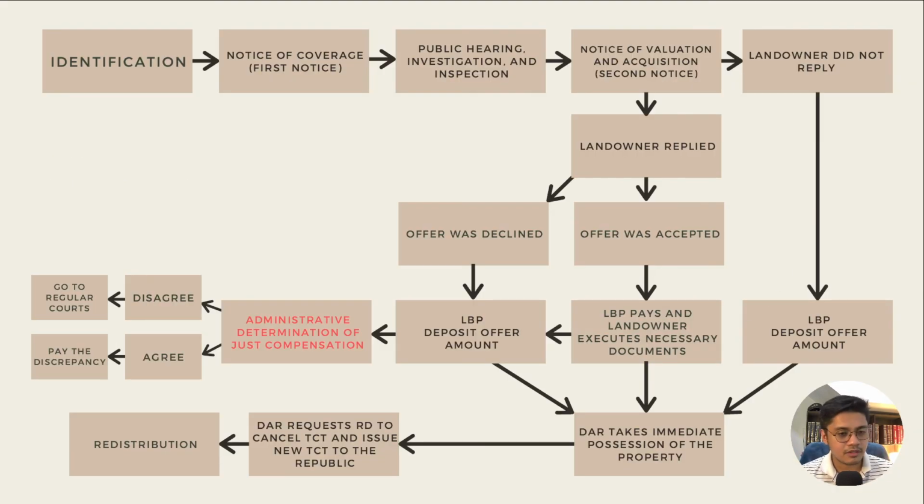Alright? Because here now, the redistribution comes next. We will discuss that in module 4-D. Okay? Now, as I said, this will be considered as the culmination of the whole acquisition of properties, acquisition of covered land holdings under RA 6657. But that does not mean that the whole process is complete.